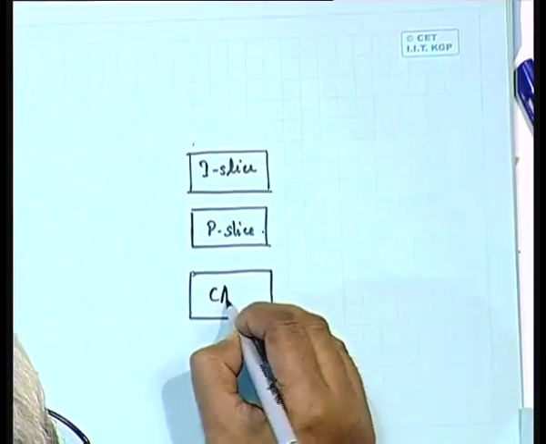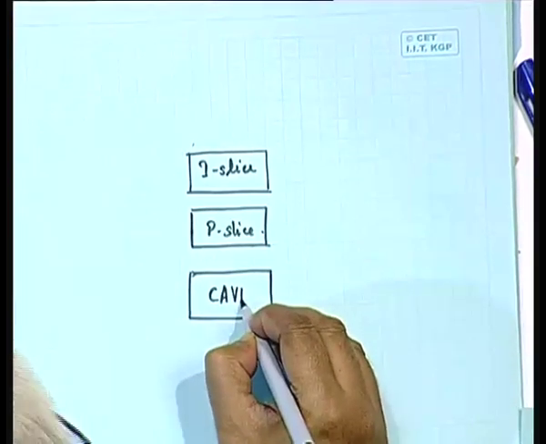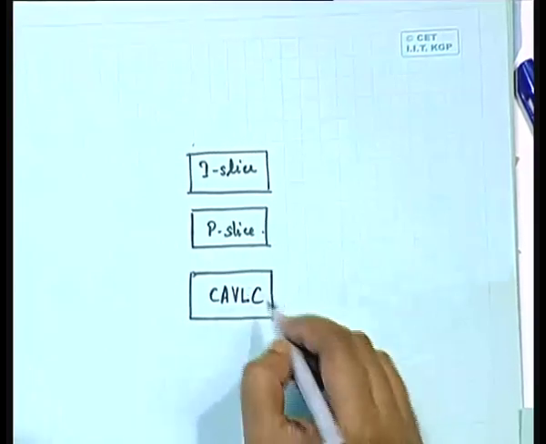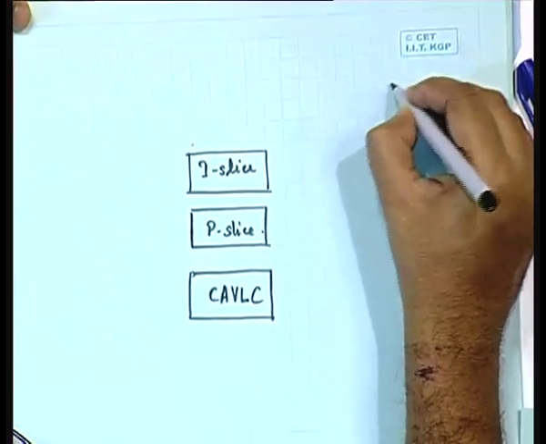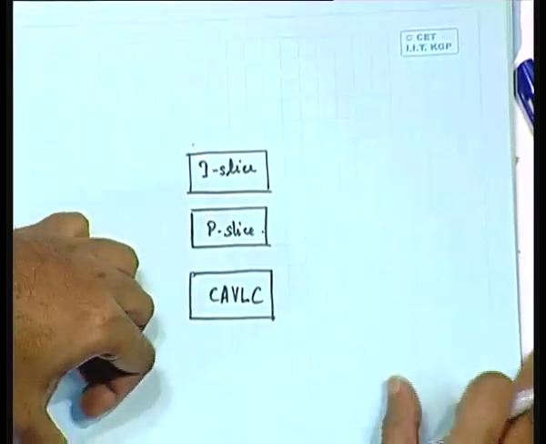There we adopt an entropy coding scheme, and H.264 also has an entropy coding scheme, but it is advanced with respect to what the earlier standards supported. Earlier standards used Huffman coding or arithmetic coding, and H.264 has gone a step further. They have proposed what is called context adaptive variable length coding, in short referred to as CAVLC. So, CAVLC's full form, you remember, I am just writing down.